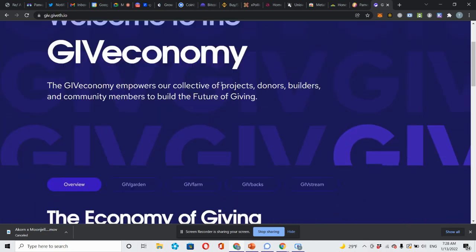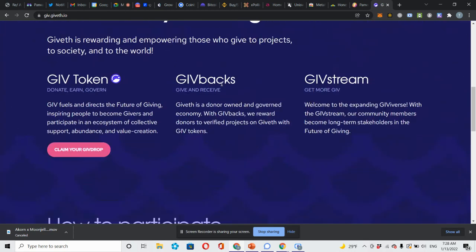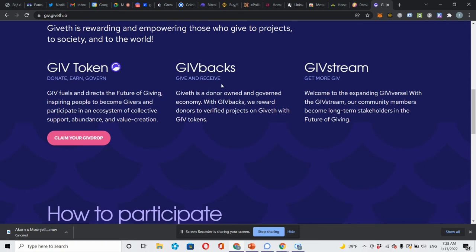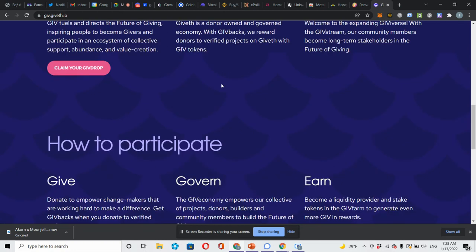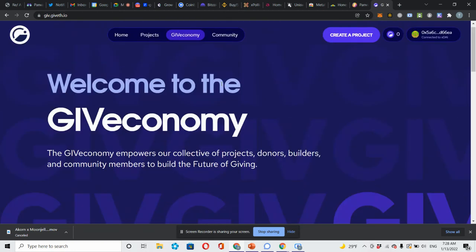So they have the Give token out now, and whenever you are giving, your donation gets giveBacks, which when you have verified projects, just gives the person that's giving more Give tokens and allows them to carry their money further.